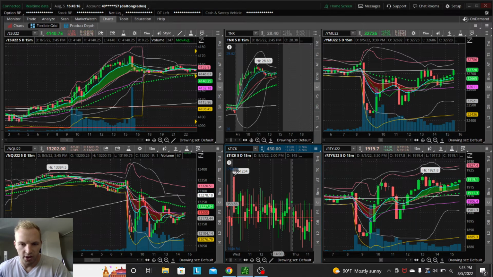On the tick, we had a strong opening drive with a high of 1234 on the tick, so that's a very, very strong uptick. And then look at the zero line here. We could never really hold below the zero line. Of course, we did come below the zero line, but what I'm looking at on the tick is, are we able to close and really hold below the zero line? And we weren't. And that's why it was such a positive day.